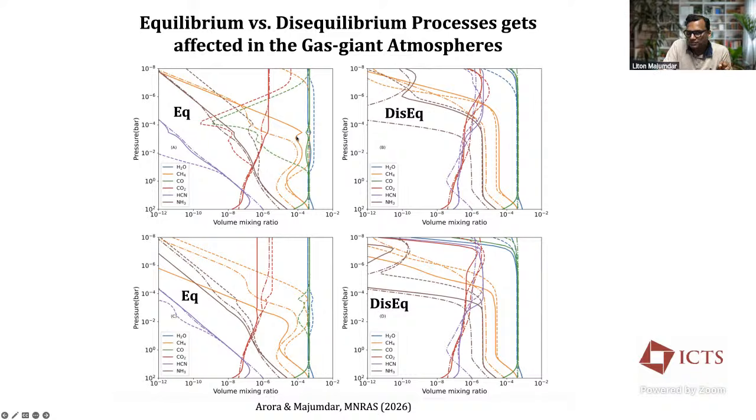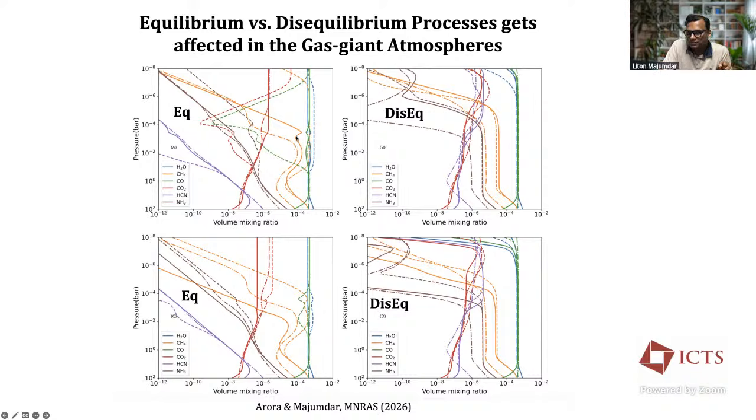Same thing here for the disequilibrium chemistry also. Whether the chemical profile is from your 1D RC or your 3D GCM, there is a strong shift in the abundance profile throughout the atmosphere. For example, if you pick the molecules which are the major reservoirs, let's say CH4, in the top layer you can see CH4 has a strong dependency. Then if you look at the abundances for ammonia, it also shows strong dependency.